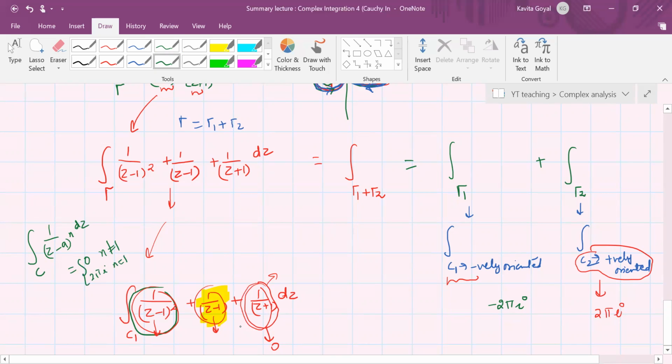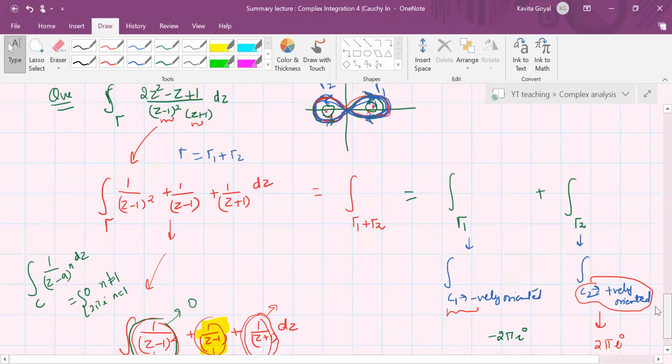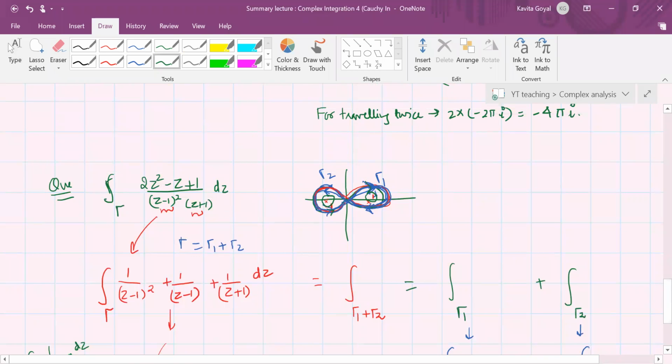So this will be 0, this will be 0, so your final answer is 0. Is that okay, Minal? So this is how you have to deal with these problems when you have curves which are not simple. If they are intersecting, you can just break it into simple curves, and then along every simple curve you can apply your techniques.